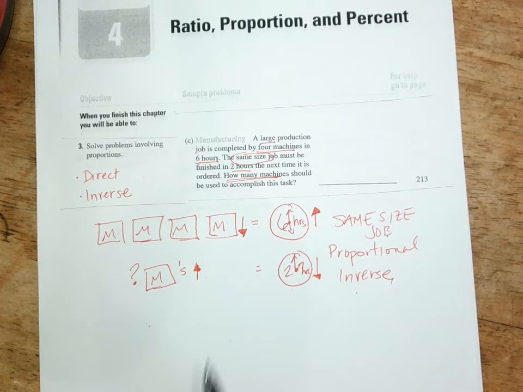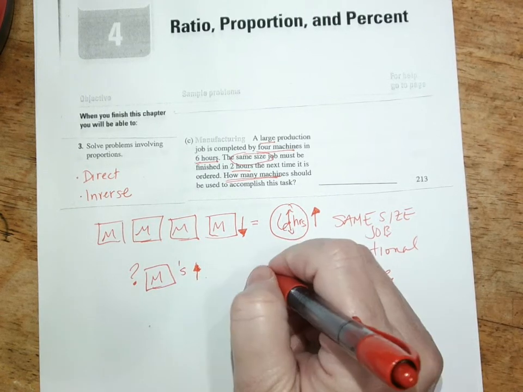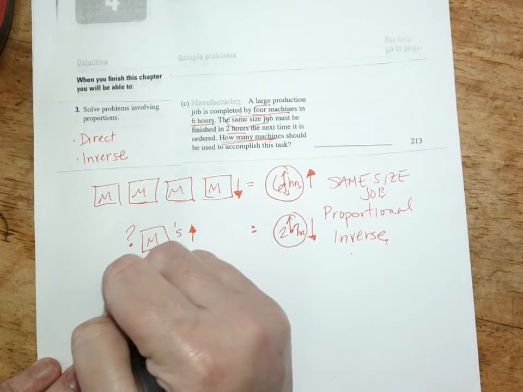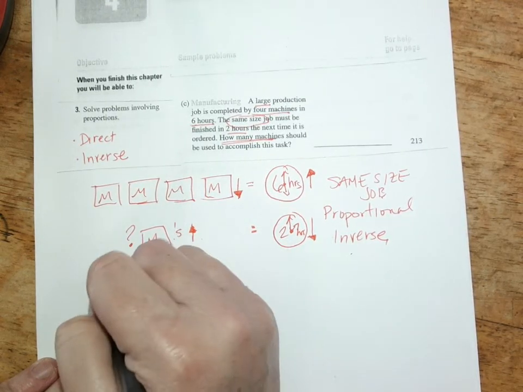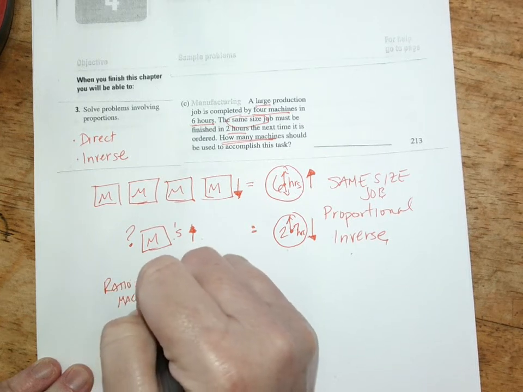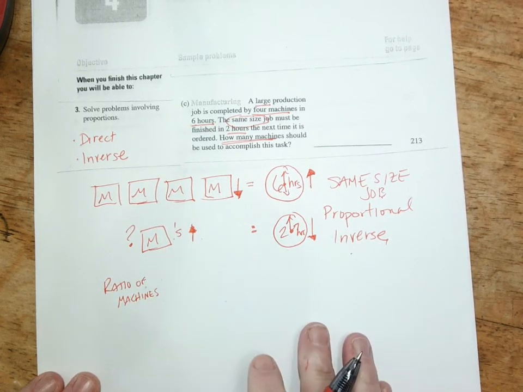So normally we're looking at these two equalities here, or ratios. And this is how we're going to pose it. The ratio of the machines, and I know some of you guys got confused when setting this up, is equal to the ratio of time.